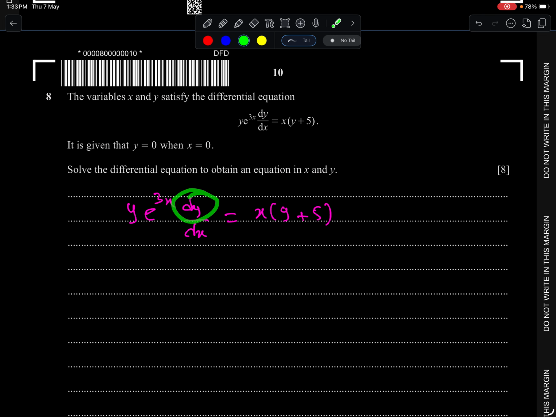Since we have dy here, we have to bring y plus 5 here, and shift e^3x here. So y upon y plus 5 dy, and x upon e^3x dx. This is the way to do variable separable.